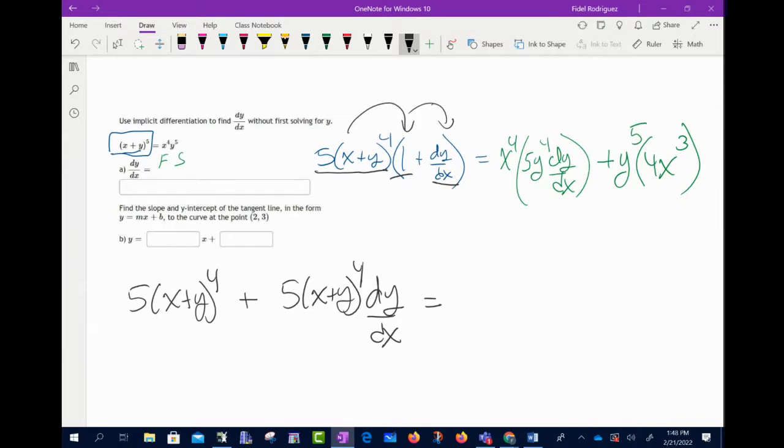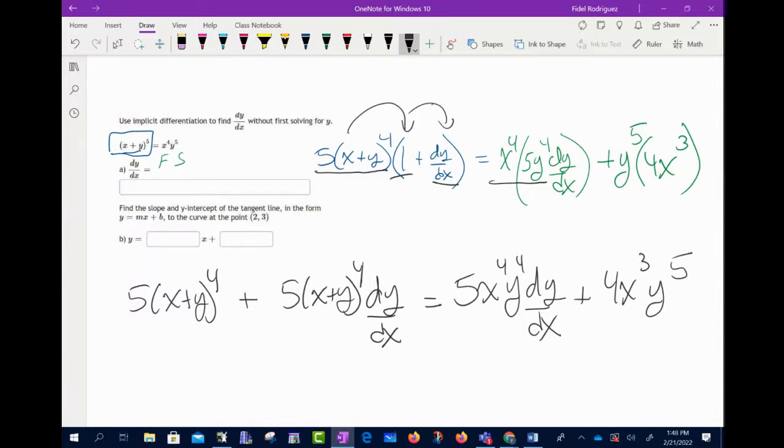So all we did is do a little distributing there. I'm going to fix this piece here, y'all. Instead of x to the fourth, 5y to the fourth, dy dx, I'm just going to write 5x to the fourth, y to the fourth, dy dx. Plus 4x to the third, y to the fifth.